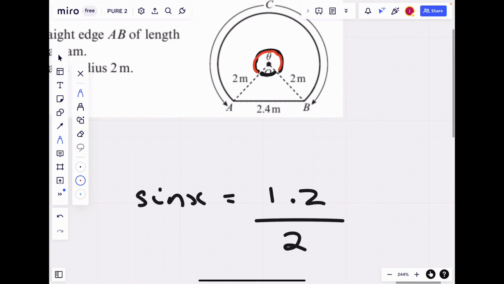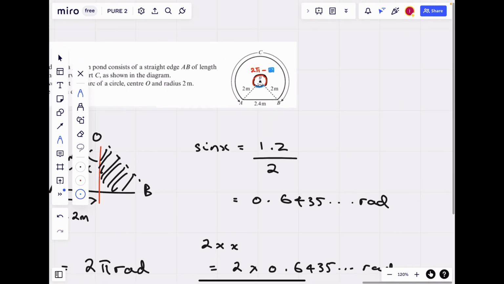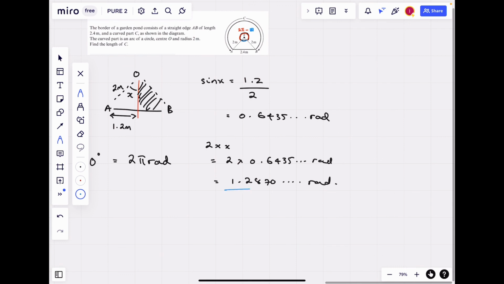If we want to work out this angle, we have to do 2 pi minus this angle. That blue one we've already worked out. That's this. So 2 pi minus 1.2870 rad, which is the same as 4.9961 and so on rad.